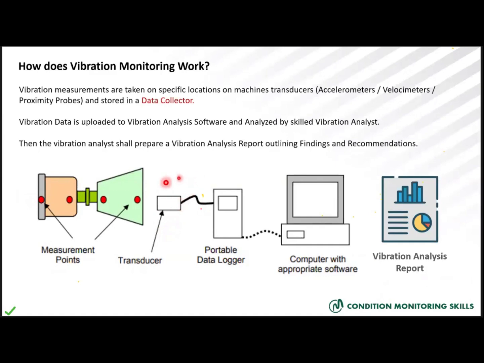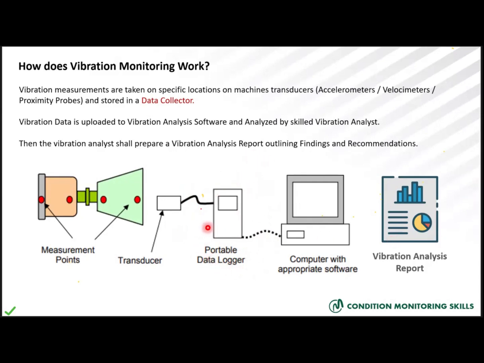Anyway, he is going to use a sensor to measure the vibration at a specific measuring point of the machine. And he stores this signal in a data collector, a portable data collector or a stationary data collector. Anyway, he is going to save this data on a data logger.